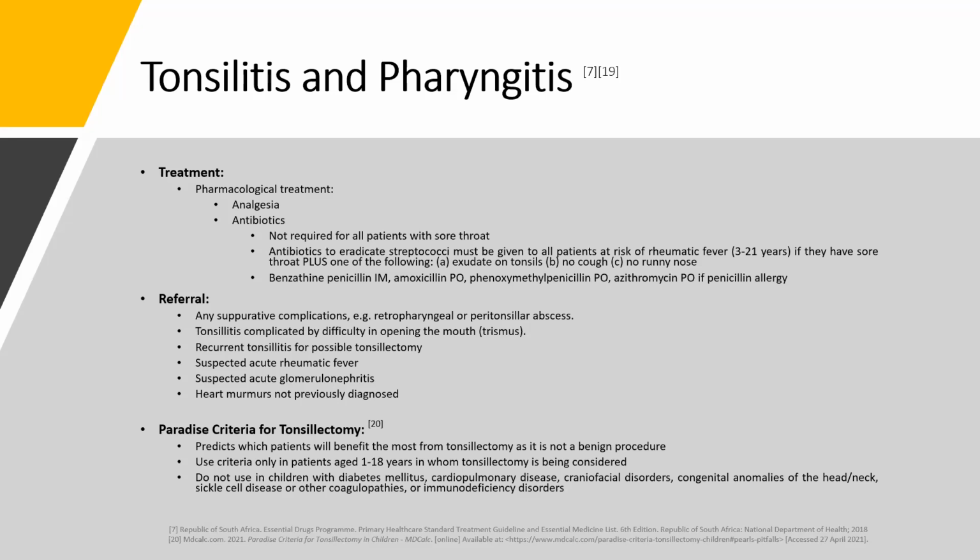Our patients that are at risk of rheumatic fever are in the age group of 3 to 21 years, and they have a sore throat plus one of the following, that being an exudate on the tonsils, no cough, and no runny nose. Antibiotics available to us are IM benzathine penicillin, oral amoxicillin, oral phenoxymethylpenicillin, or azithromycin orally if patients are allergic to penicillin.